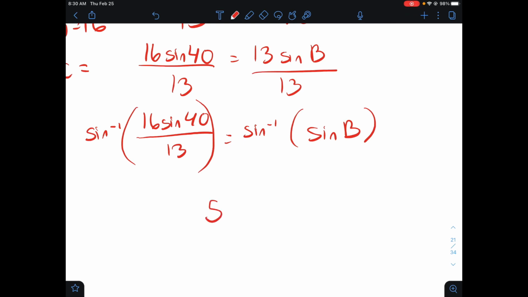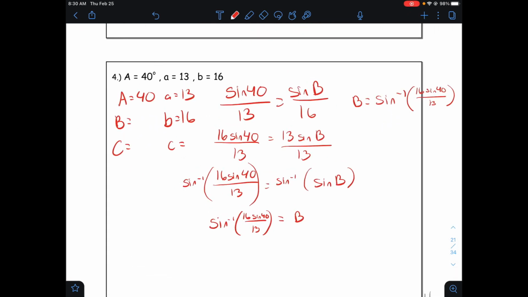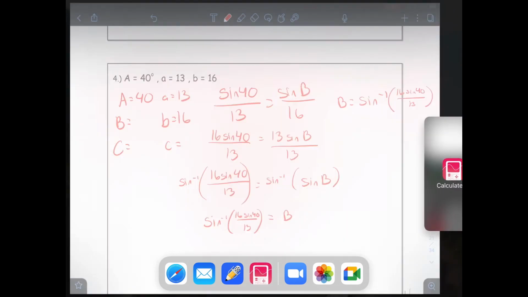If it's 5x equals 10, to get the x by itself, you divide by 5 because that's the opposite of multiplying by 5. It's the same thing here. To get rid of the sine of B, we have to do sine inverse. And essentially what happens is on this side, the B pops out. So you're left with just B equals sine inverse of 16 sine 40 over 13, which is what we have up here.